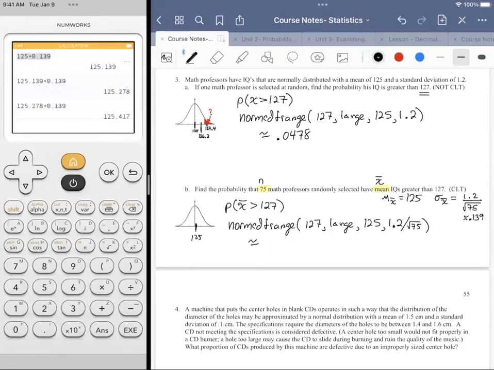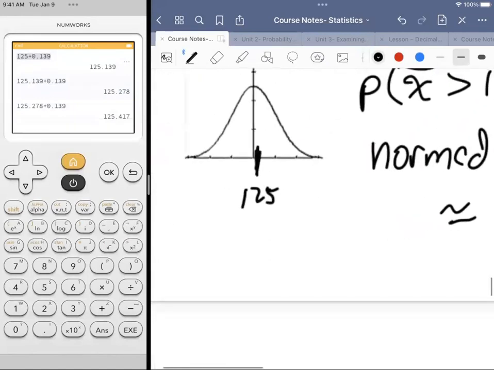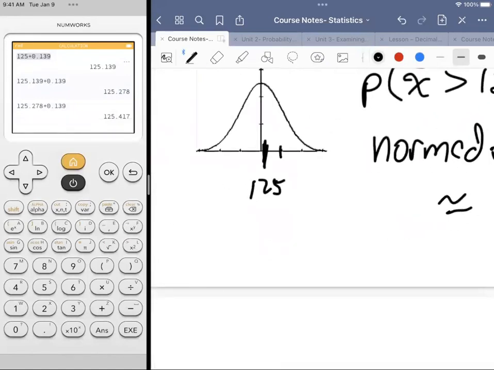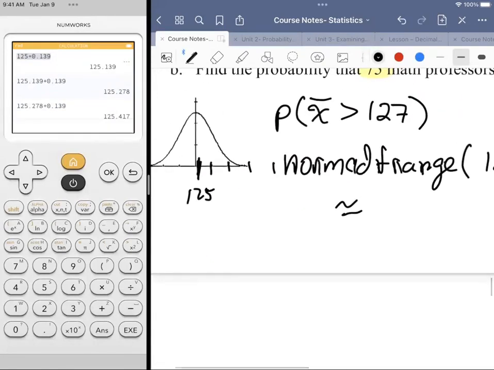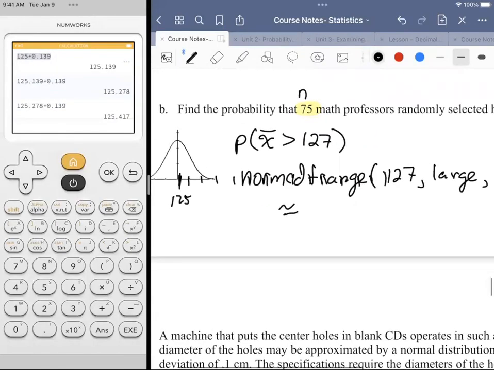So when you see me not labeling anything further, it's not because I'm forgetting to do it. It's because it's irrelevant. I'd be in this neighborhood over here. How am I going to illustrate the area to the right of that? I'm not going to be able to. But it also gives me a clue that the probability is going to be minuscule.